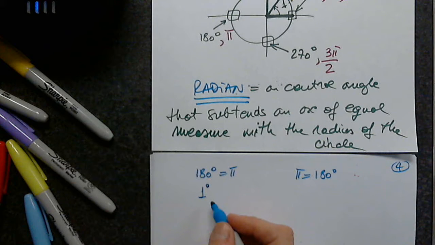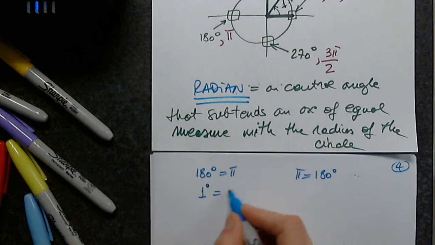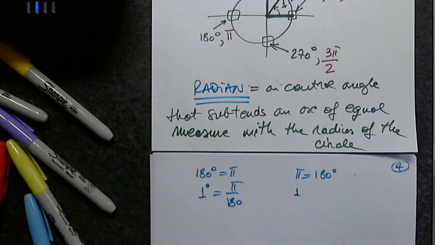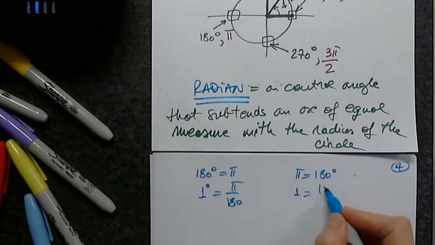Both sides by? That's it. How do I determine now not pi radians? I want 1 radian. I want to know how much is 1 radian in degrees. What should I do to both sides of that equation? Since pi equals 180, 1 radian is 180 over pi.